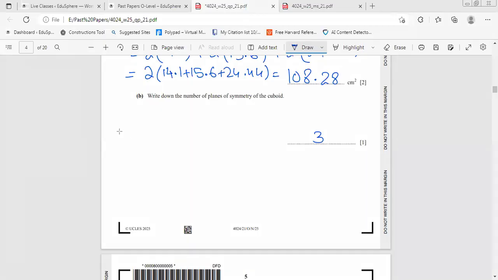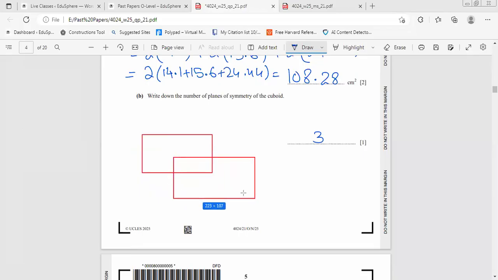If you have a cuboid, suppose this is the cuboid, and how will we decide what the 3 planes of symmetry are? So one of the planes of symmetry would be this way. This is going to be the one plane of symmetry. The next plane of symmetry would be the horizontal plane of symmetry.